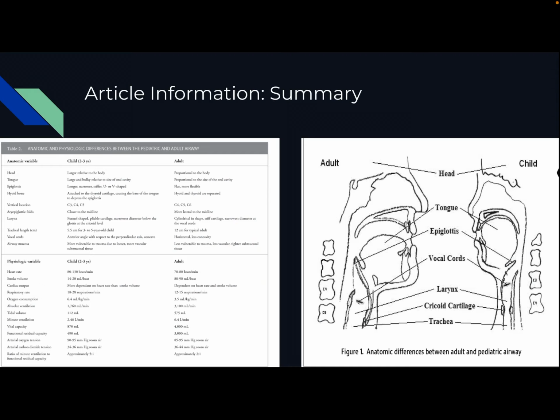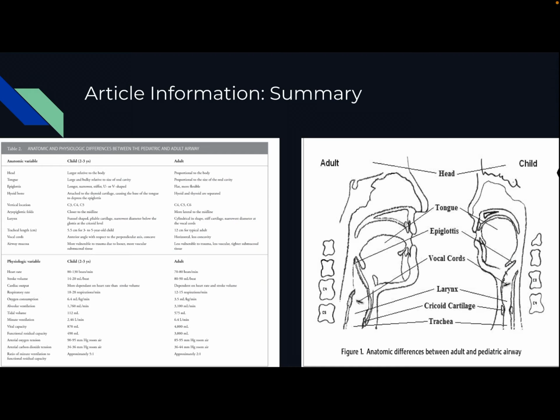The larynx of the child is funnel-shaped, pliable cartilage, narrowest diameter below the glottis at the cricoid level. For the adult, it is cylindrical in shape, stiff cartilage, narrowest diameter at the vocal cords. These differences play a key role when sedating a child versus an adult.